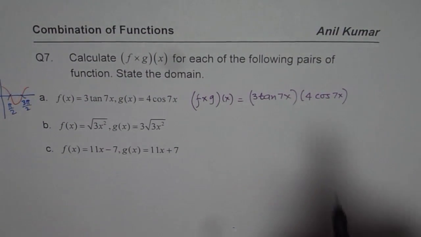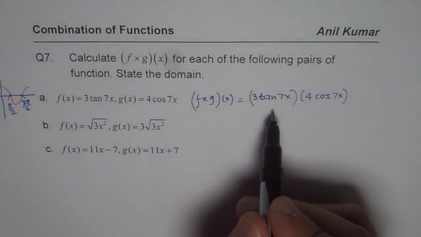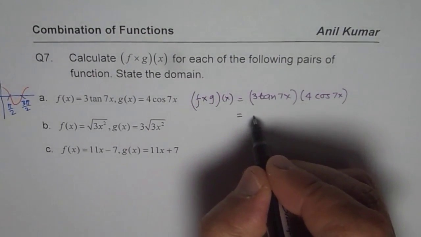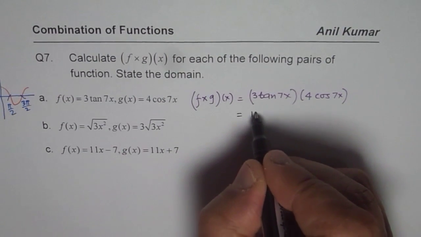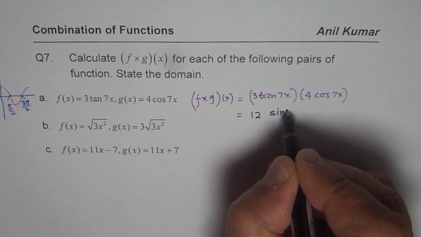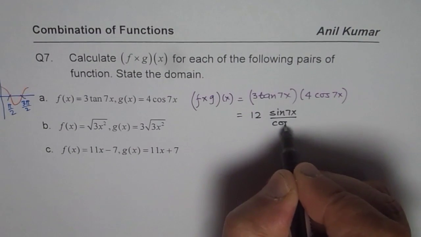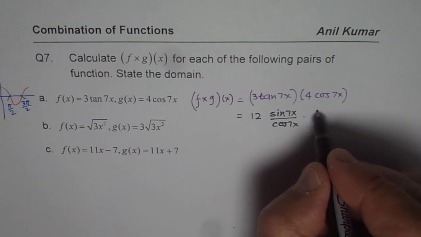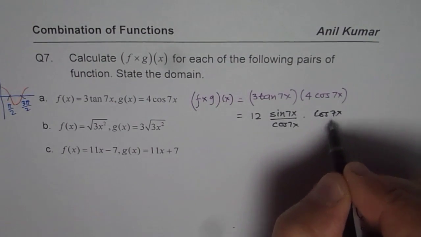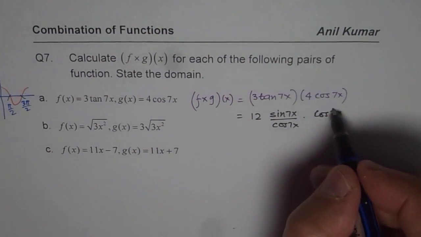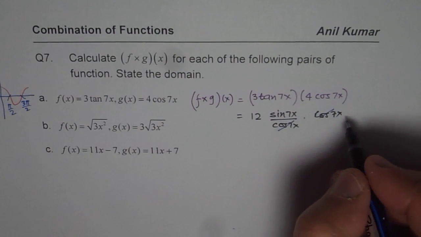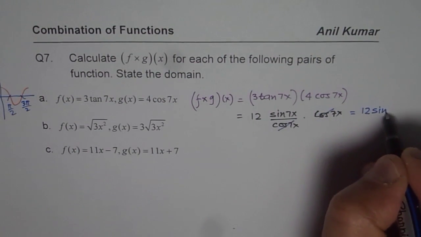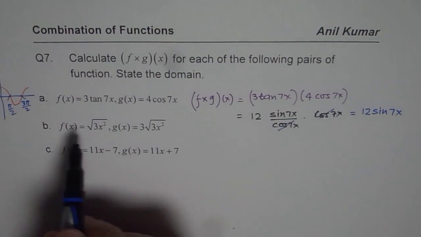Now in such cases it is better to write tan as sine over cos. So we get 3 times 4 is 12, and tan is sine 7x over cos 7x, and of course cos cannot be 0, times cos of 7x. Now cos of 7x cancels out, correct? So what you really get here is 12 sine 7x. But don't forget to write the domain.